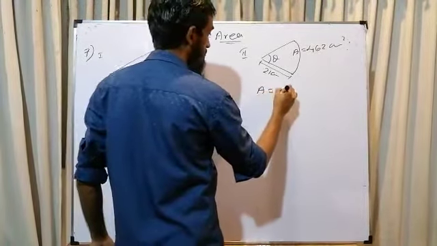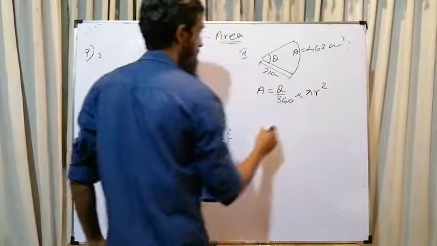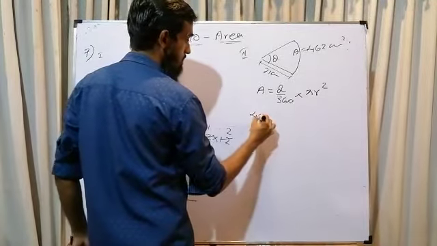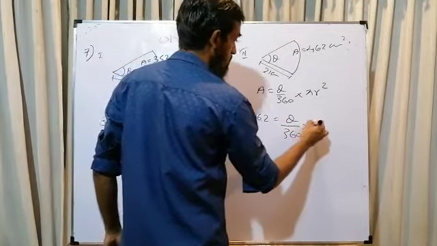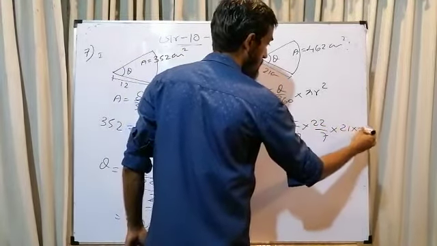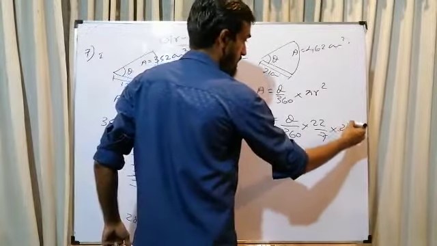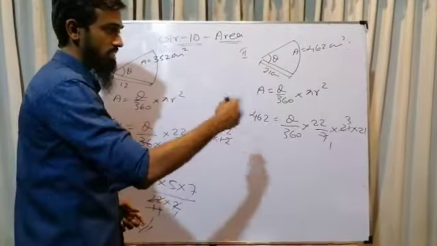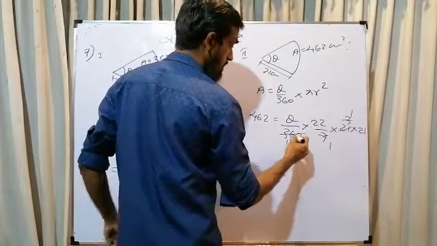Same as the first part, theta over 360 into pi r squared. Area is given 462. Theta over 360 into 22 over 7. Radius is 21. Okay. 7 times 1, 7 times 3. 3 and 360 we can divide. 3 times 1, 3 times 12.